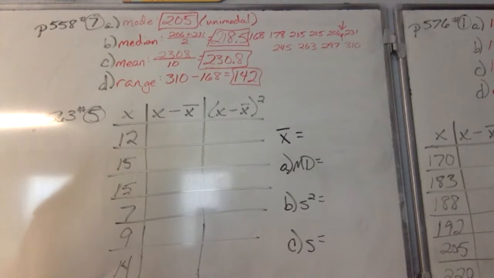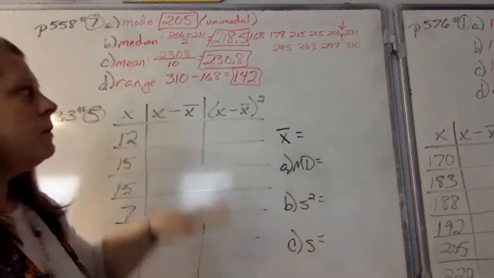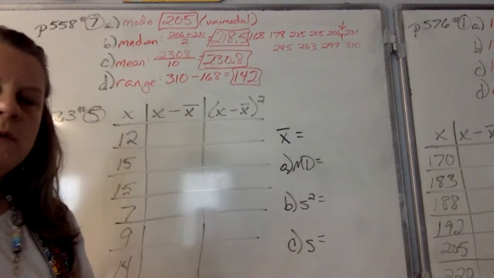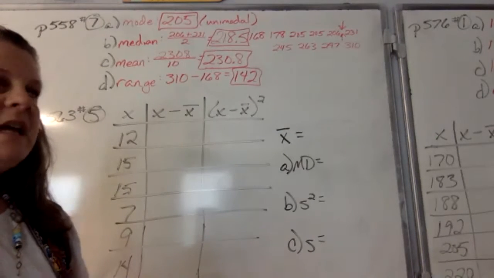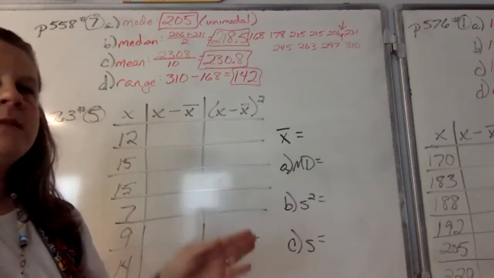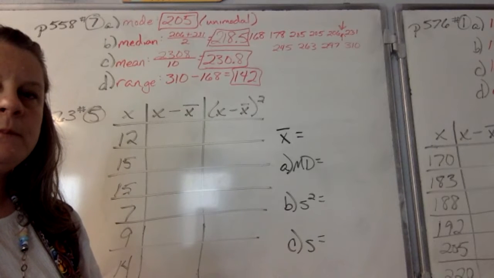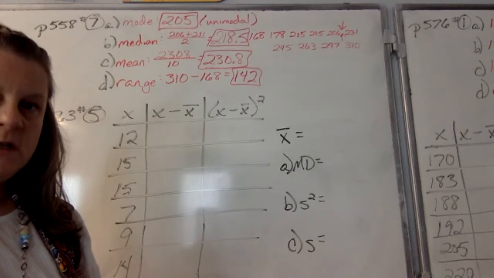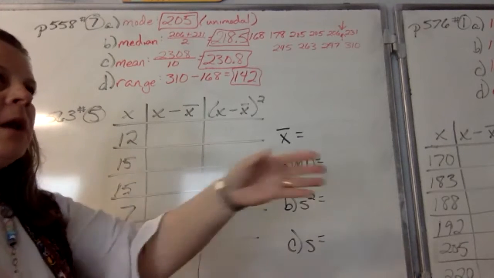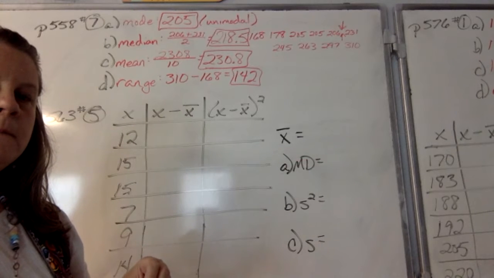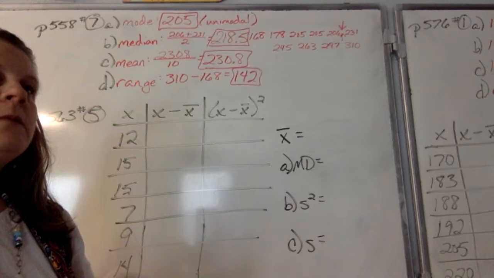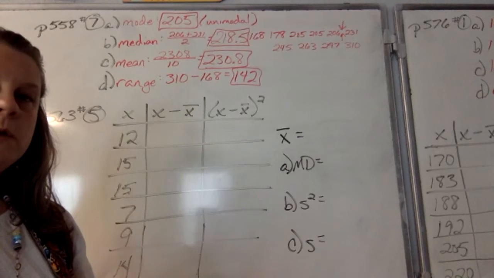So which one of these was found by putting the numbers in order from least to greatest and finding the middle? Median. What is found by taking the highest value minus the lowest value? Range. What do you do by adding them all up and dividing by the number of items? Mean. What is the one that means the number shows up the most?